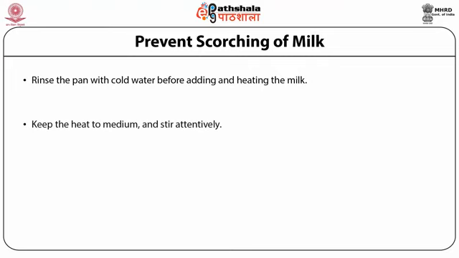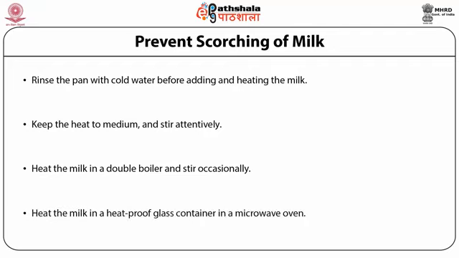Keeping temperatures low with continuous stirring and heating the milk in a double boiler also avoids scorching. When milk is cooked in microwaves, it should always be cooked in a heat-proof glass container to avoid scorching.